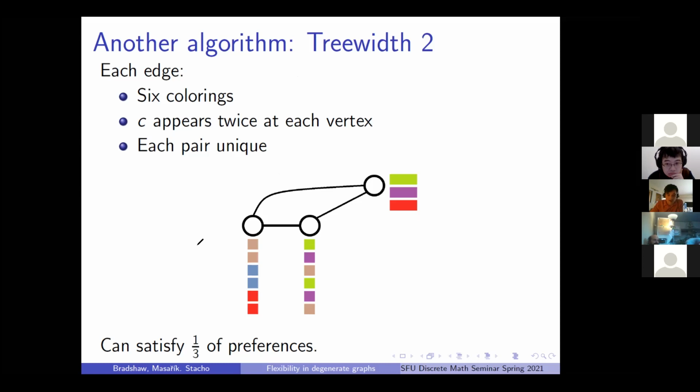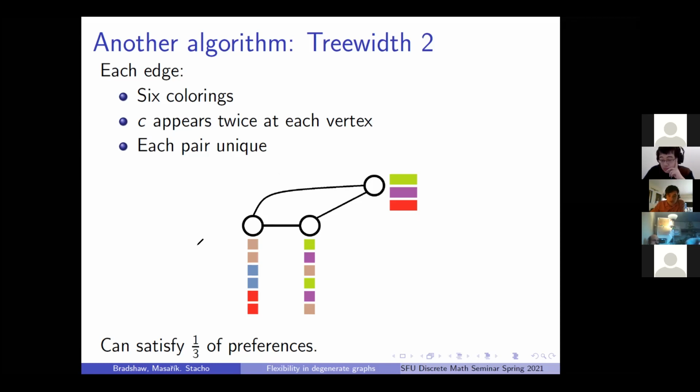we had a certain graph structure, and we were able to exploit some property of the graph structure in order to find an algorithm that actually returns a proper list coloring that satisfies a certain proportion of coloring preferences.